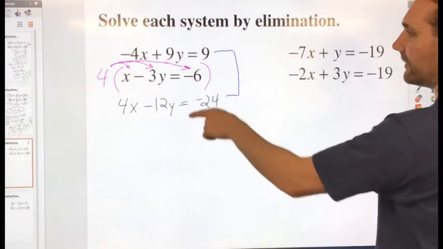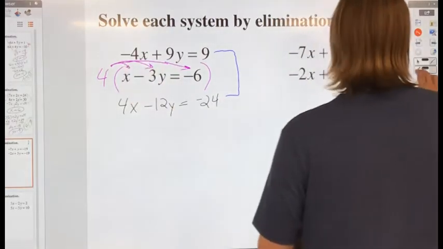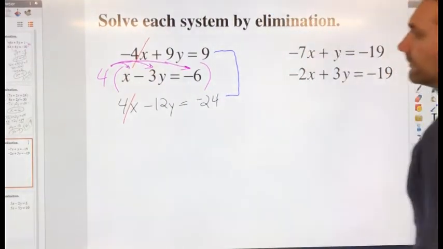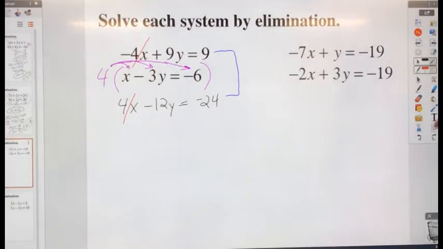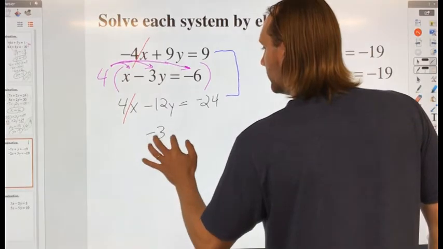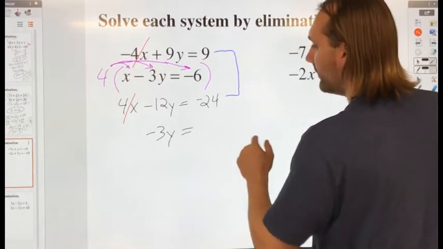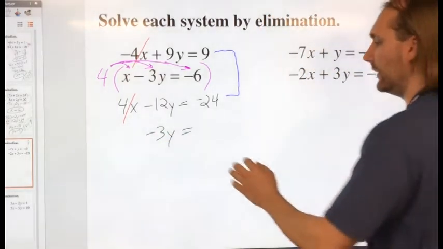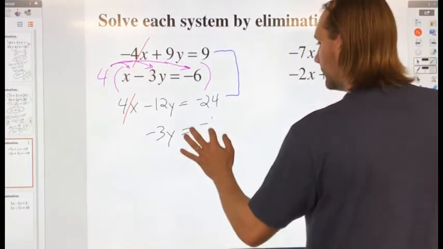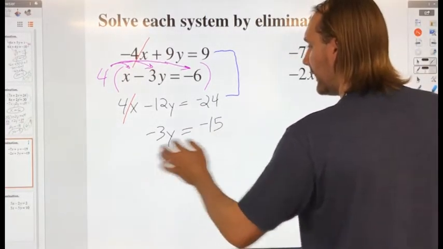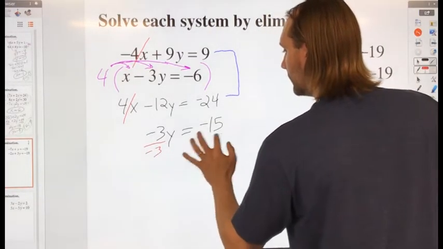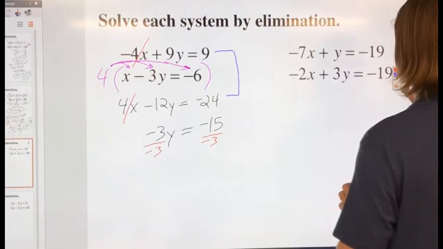That's going to cancel my x here and here. 9y minus 12y is a negative 3y. And then 9 minus 24 is negative 15. And now divide by a negative 3 on both sides. y equals 5.